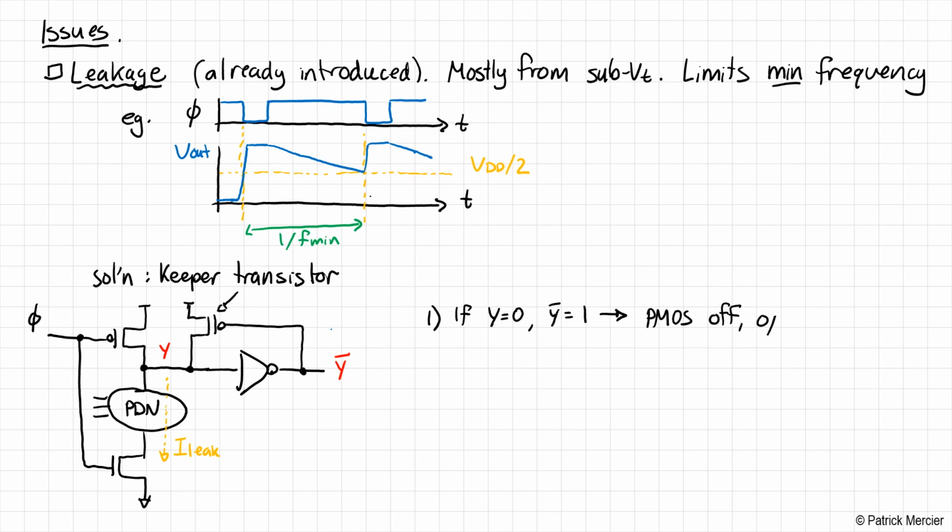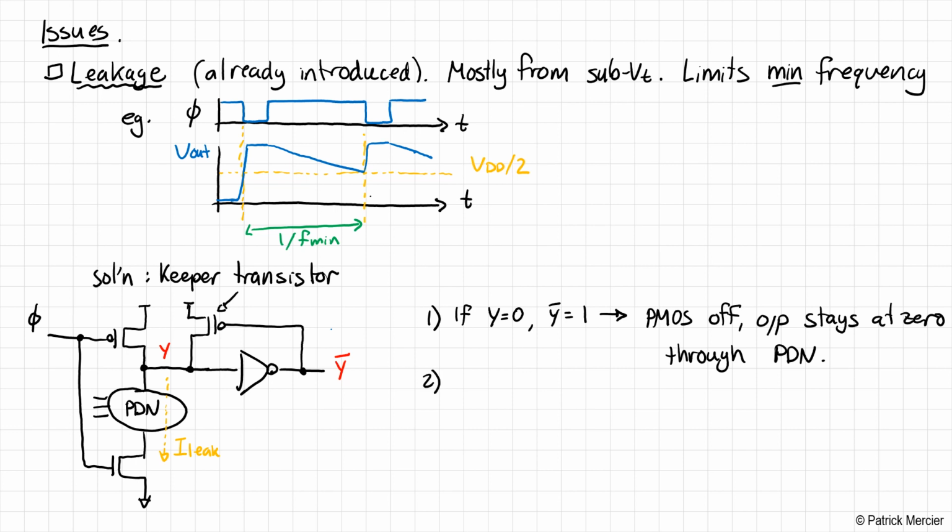And the output stays at 0 through the pull-down network. The pull-down network is pulling y to 0. That's a strong low impedance connection to ground. It's going through the inverter, which is causing y bar to be at 1. Everything is good in this scenario. There's no problems.